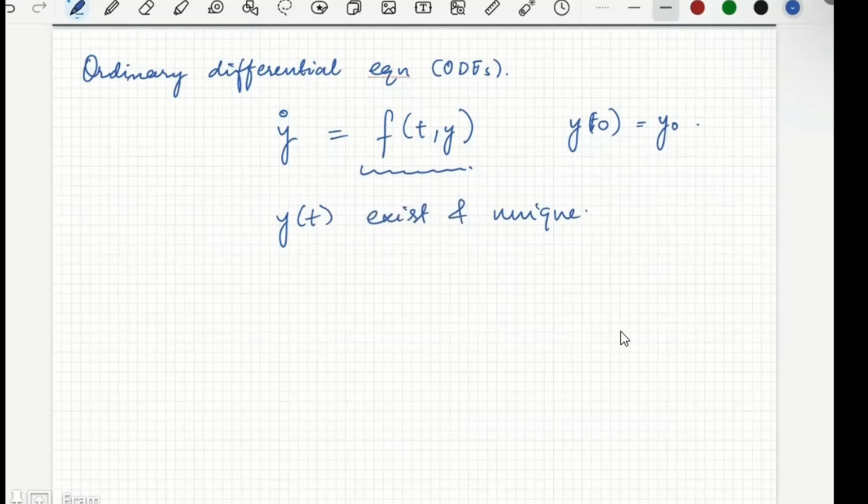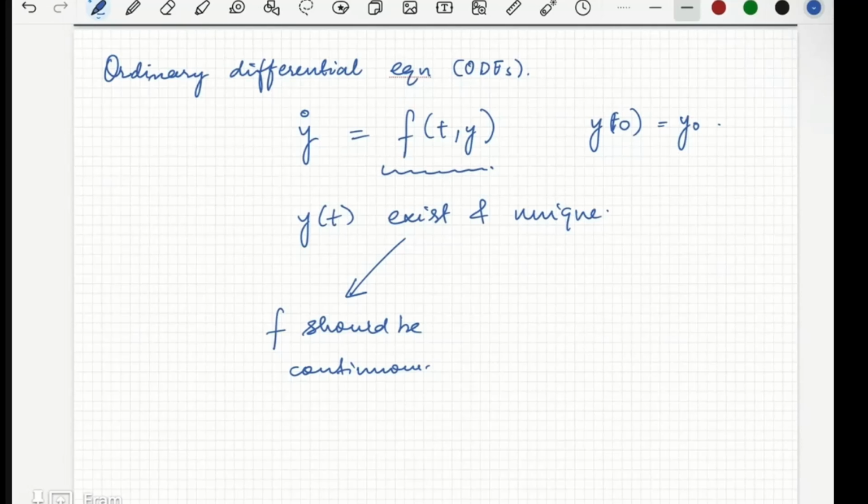So the condition for existence of solution is that this f should be continuous. Okay, so if the right hand side of the ODE is continuous, then we are sure that the solution will exist. But that doesn't give us the guarantee that the solution will be unique.